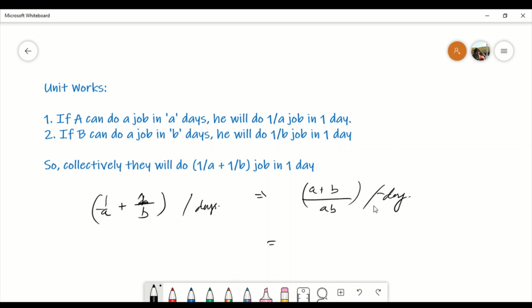So if we simply apply the unitary method, this amount of work is completed in 1 day.